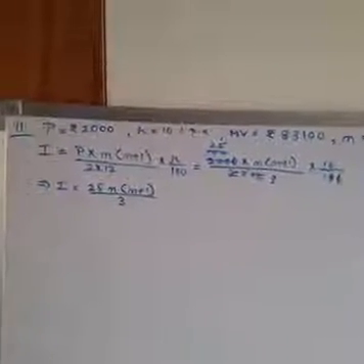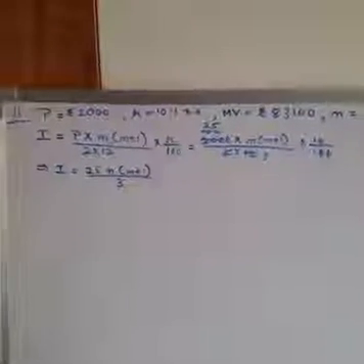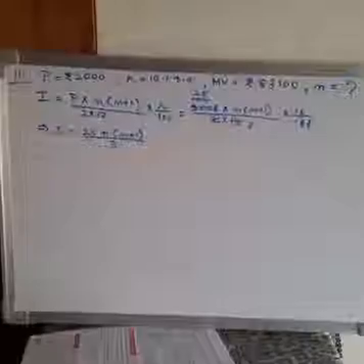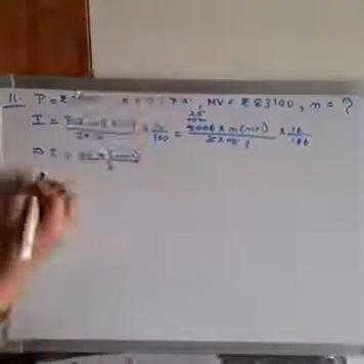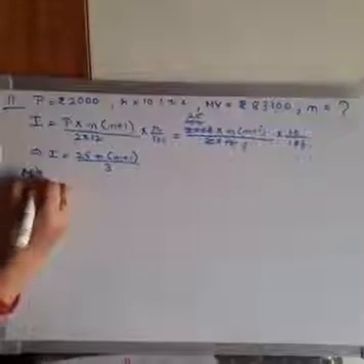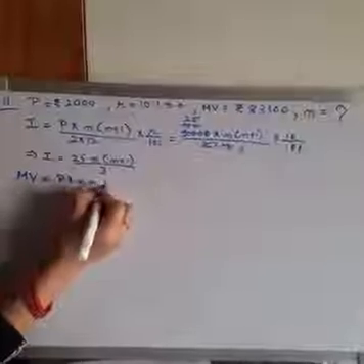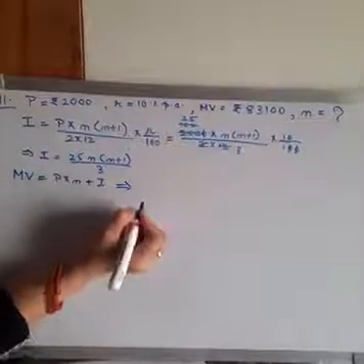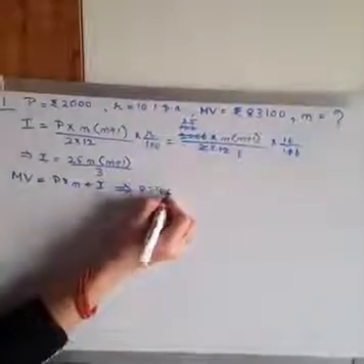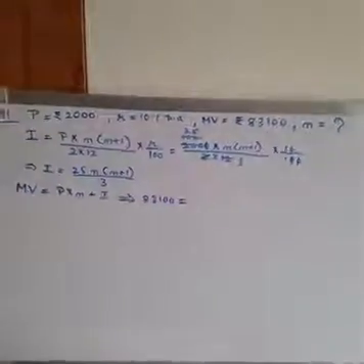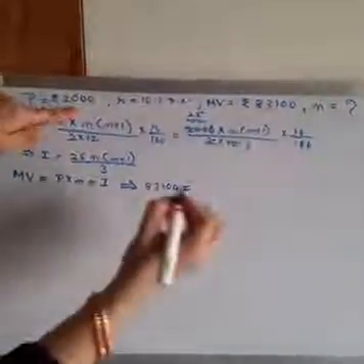Now she is getting 83,100. Now she is getting maturity value of 83,100. So we have the formula, maturity value is equal to P into N plus I. Let's substitute down. So in place of MV, we shall write 83,100 is equal to P into N. P is 2000. Okay, N is unknown.